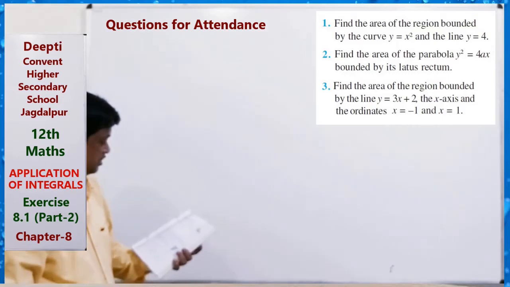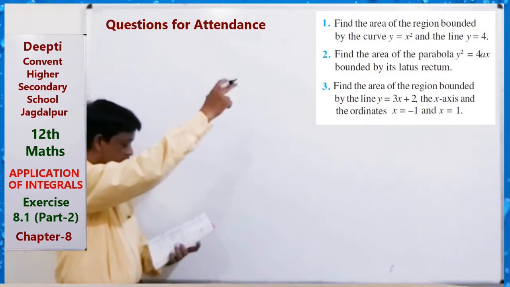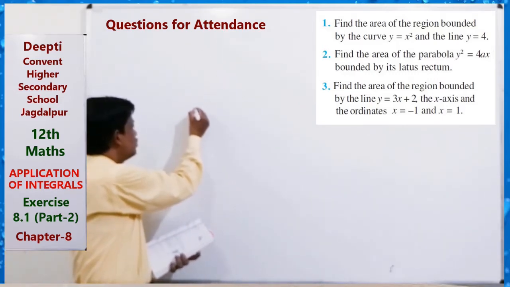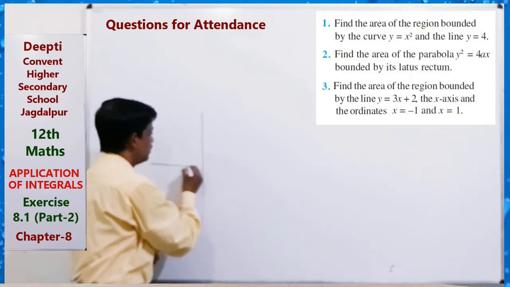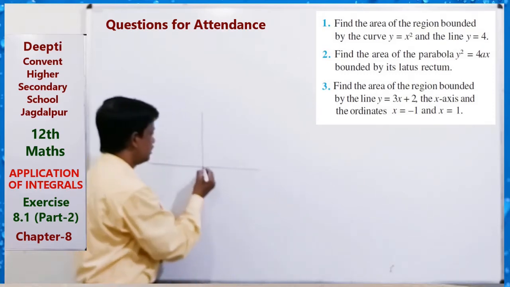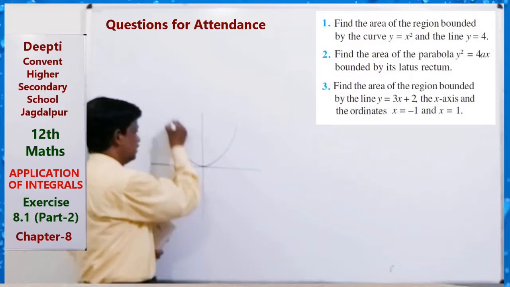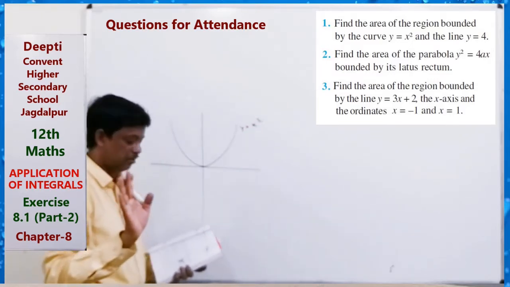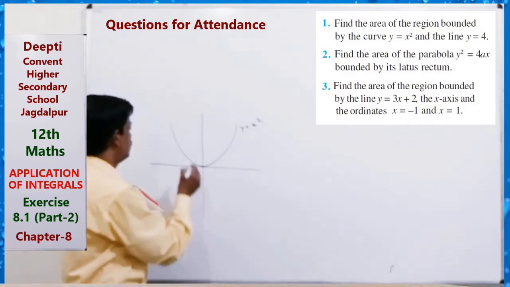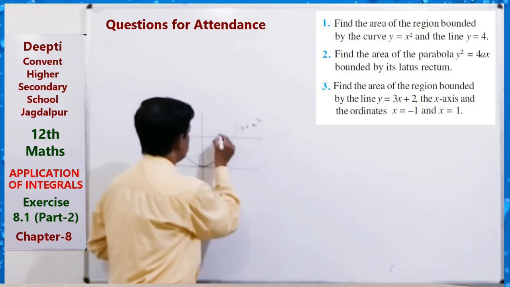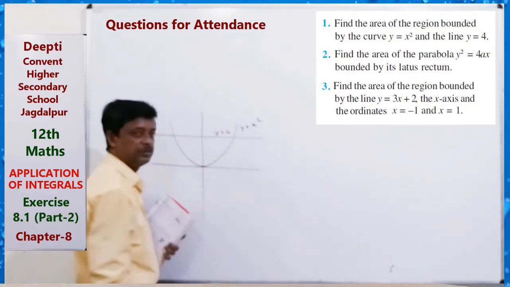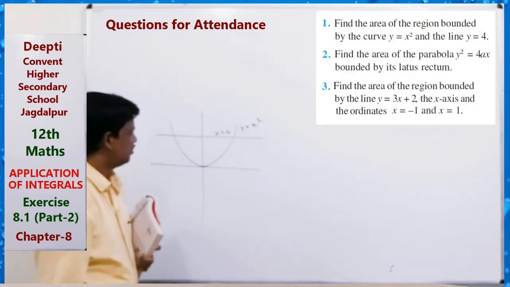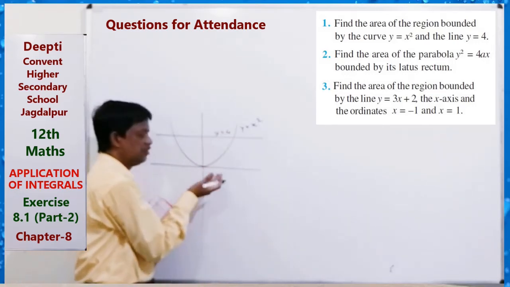First question: y equals x square and y equals 4. Y equals x square is a parabola, and the line is y equals 4. So it is very simple, that is this part.